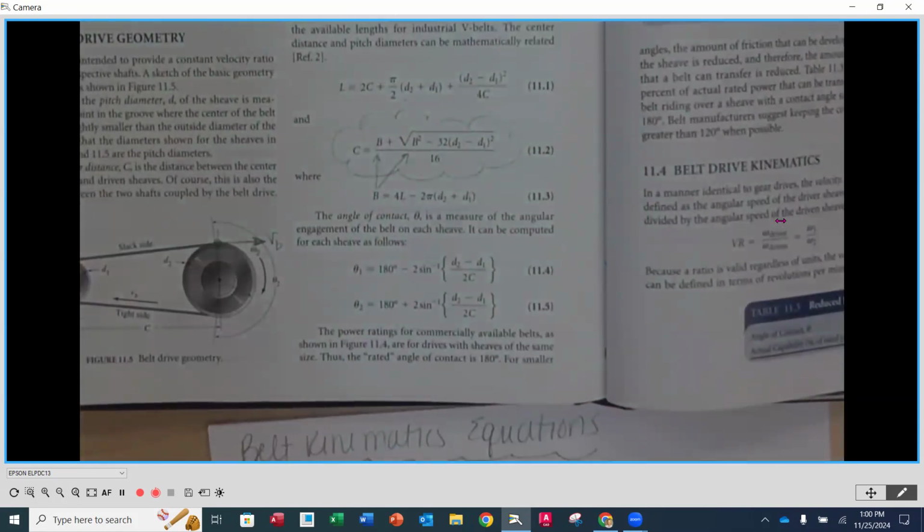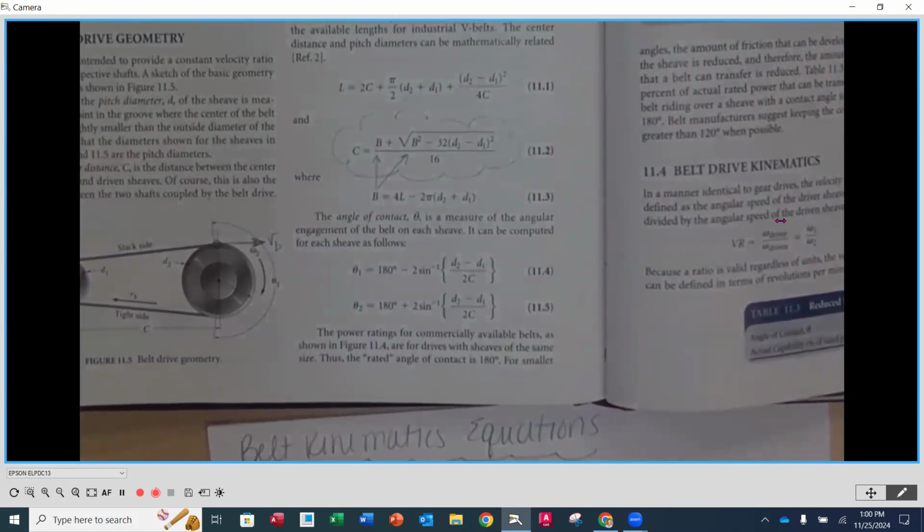So I'm going to put mine down here: 2C plus, now C is the center distance, plus pi over 2 times D2 plus D1, plus D2 minus D1, square that full quantity, divided by 4C.